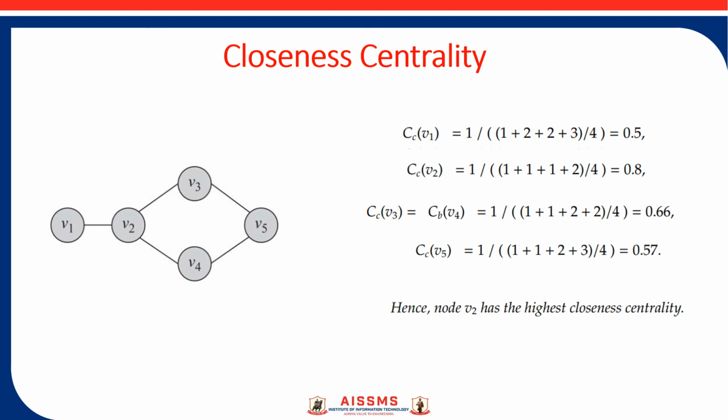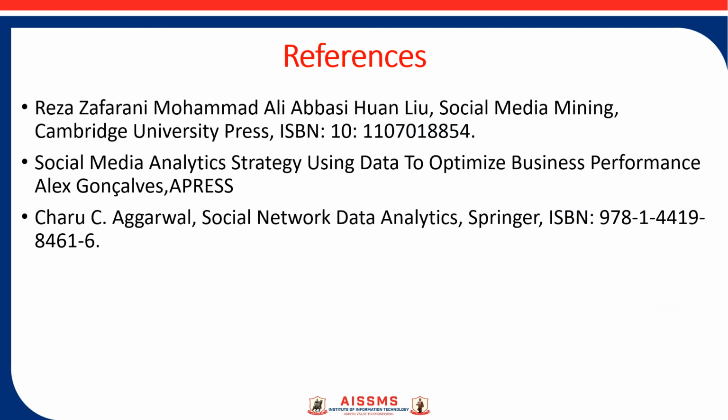So the smaller the average shortest path length, the higher the centrality of the node in a network. From this example, v2 has the highest closeness centrality in the network, and if we want to pass some information into the network, then v2 is the most suitable node through which we can easily propagate the information quickly.